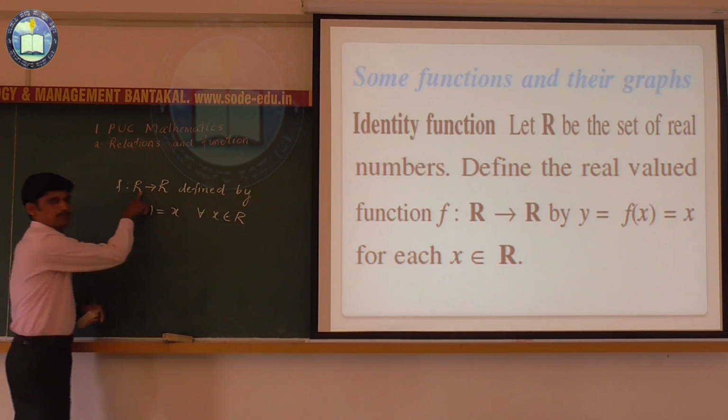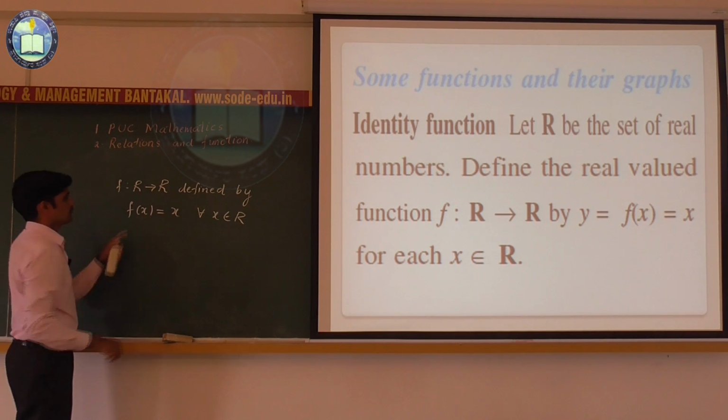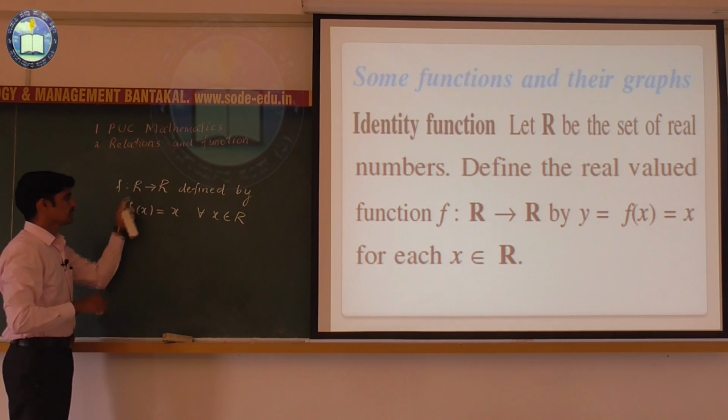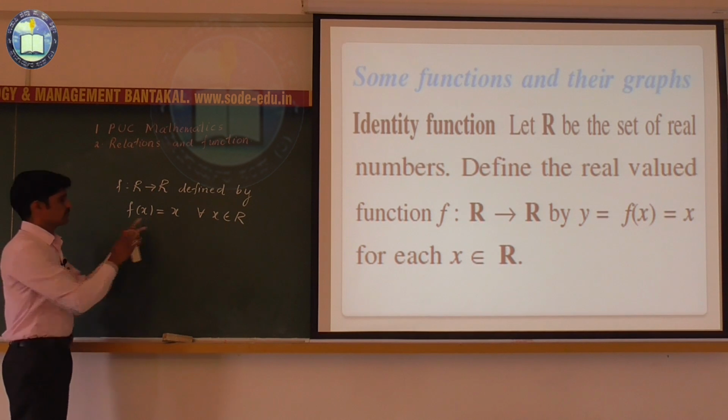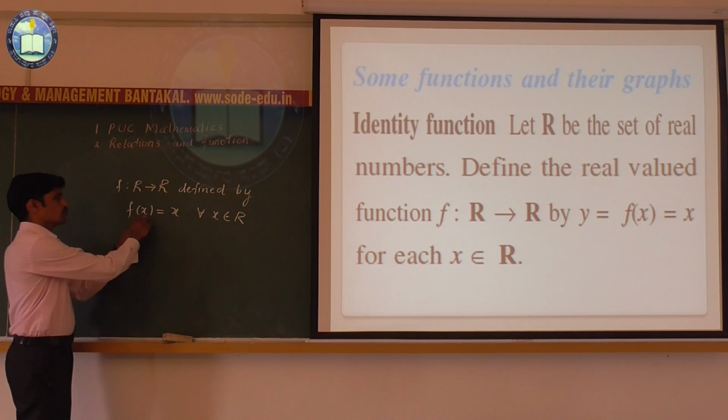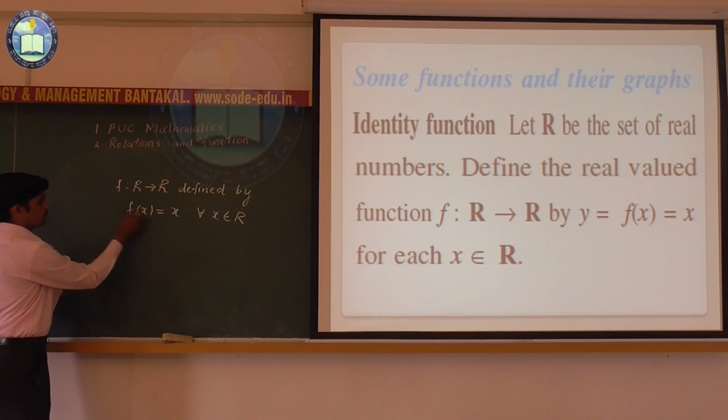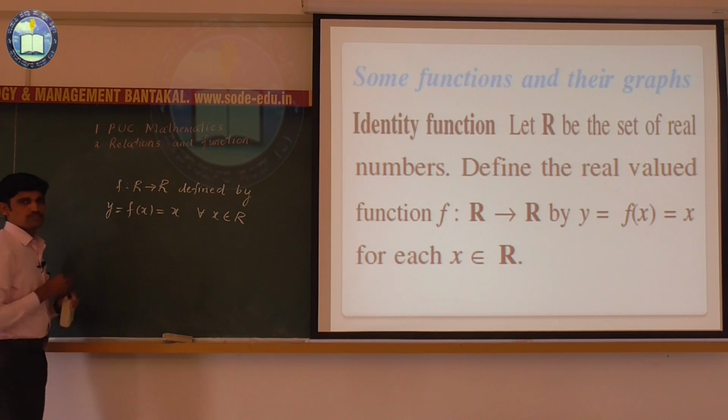Domain is the set of real numbers here. This is the codomain. For each and every x in the domain, its image is the same x, that x is maintained. Image of 1, if you give x is equal to 1, image of 1 is 1, image of 2 is 2, image of 3 is 3 and so on. We also define f of x as y, image of x as y.